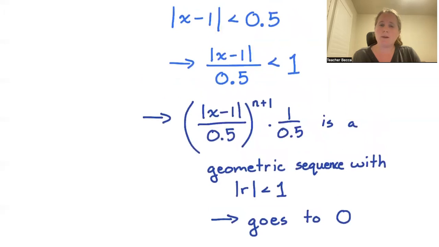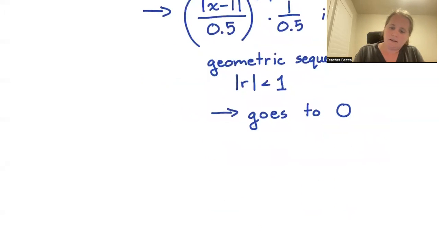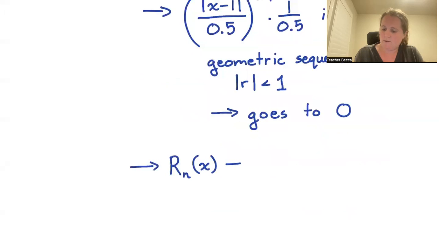And so what we wind up getting then is that our r sub n of x goes to 0 as n goes to infinity.